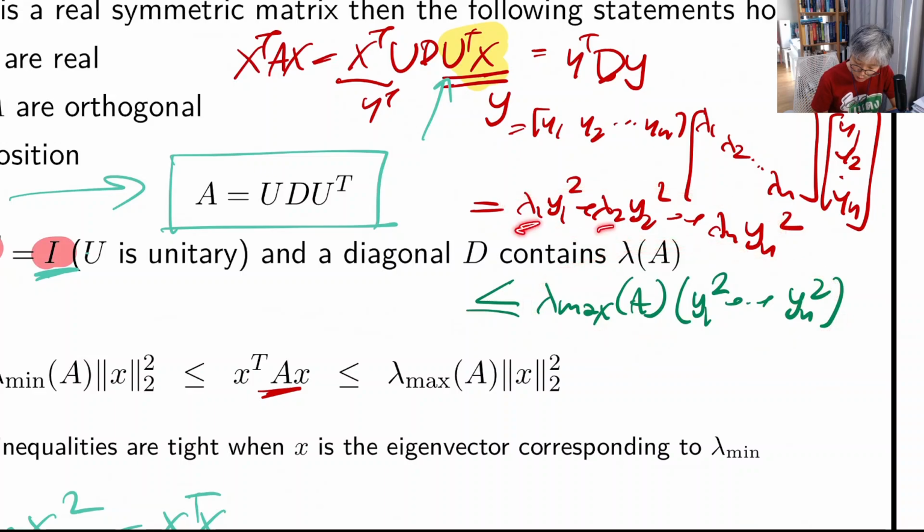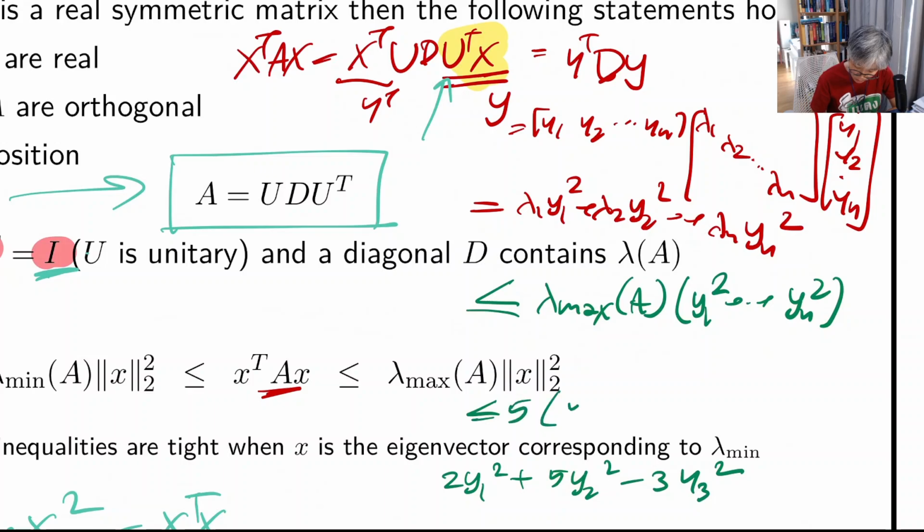I mean, all lambda 1, lambda 2, and lambda n, right? For example, you have 2y1 square plus 5y2 square negative 3y3 square. You can just pick the maximum one and make it a common factor, right? And that's it. That's how we proved the upper bound. This is the same as the norm of x squared.